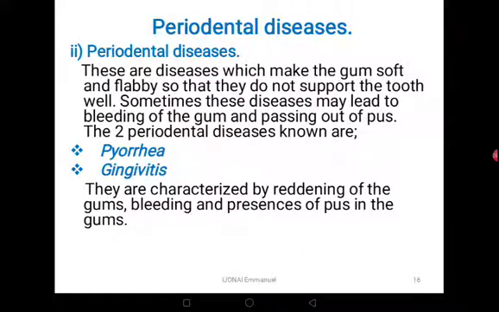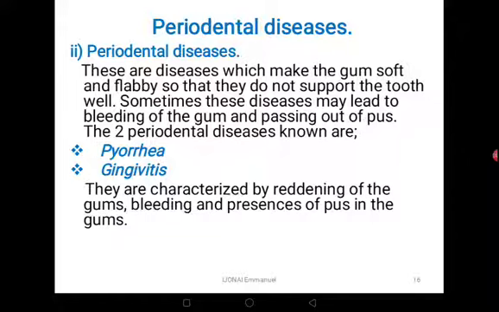Then we have periodontal disease. These are usually many, so we call them periodontal diseases, like pyorrhea and gingivitis. These are diseases which make the gum soft and flabby so that they do not support the teeth well. Sometimes these diseases may lead to bleeding of the gum and passing out of pus.